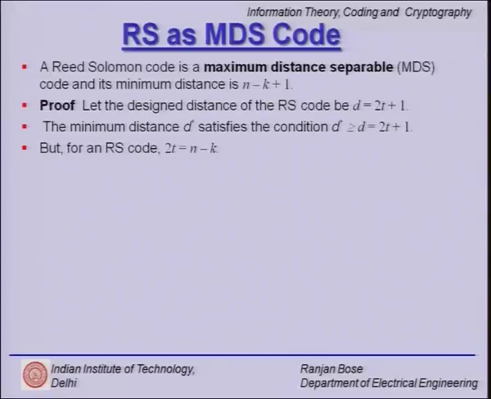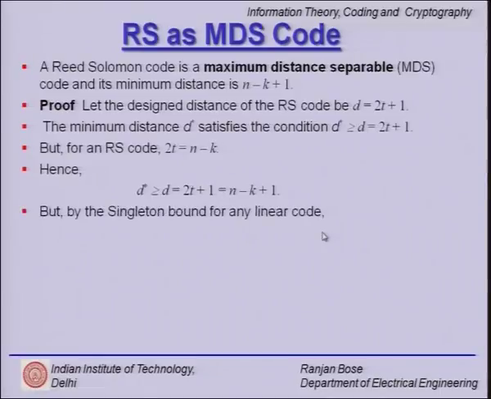But you know that for a Reed-Solomon code, the highest degree is 2t for g of x, which should be equal to n minus k. That is by the general understanding of cyclic codes, and Reed-Solomon codes form a subclass of cyclic codes. Consequently, d equal to 2t plus 1 should be equal to n minus k plus 1, because 2t is nothing but n minus k.